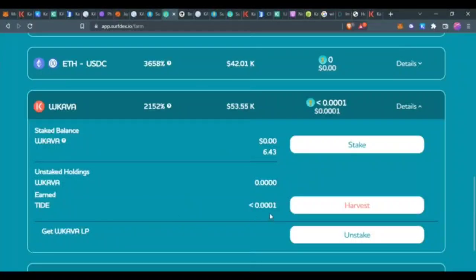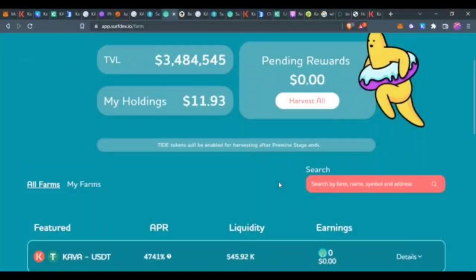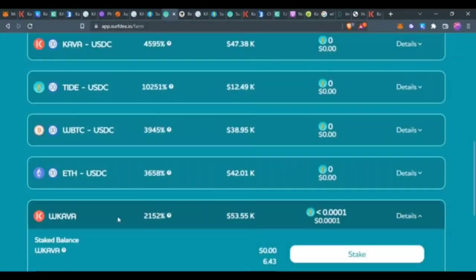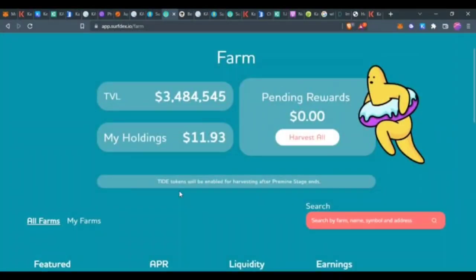So now we are earning the Tide token. There we go. So we're getting paid what, 2,000% on $11 right now. So we'll see how that fans out.